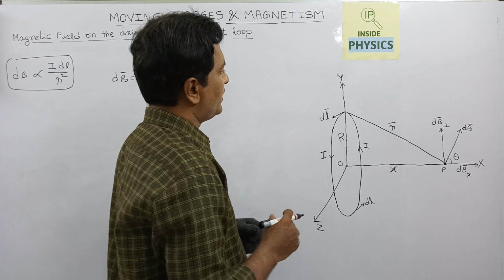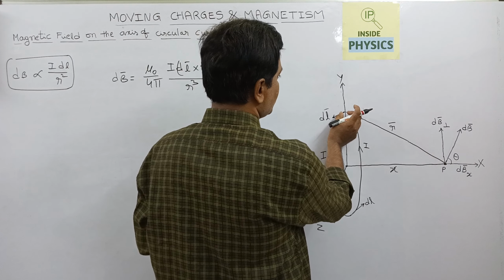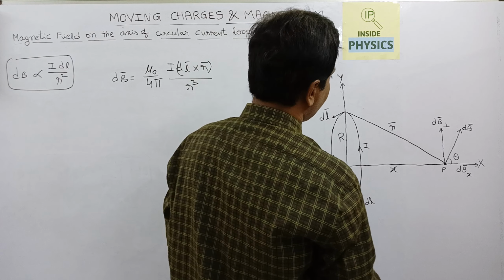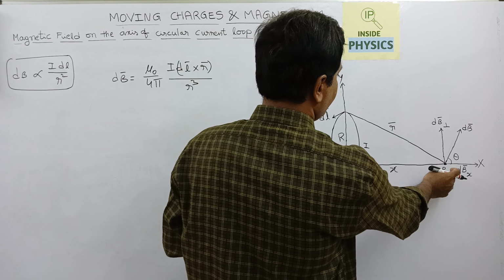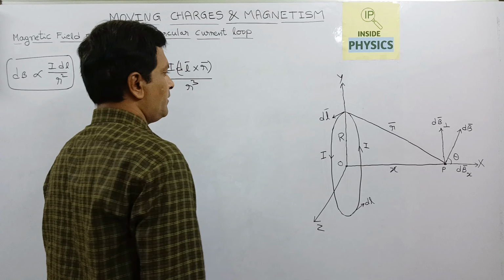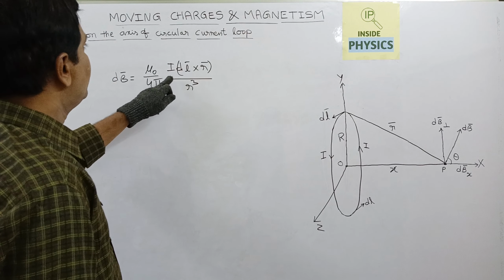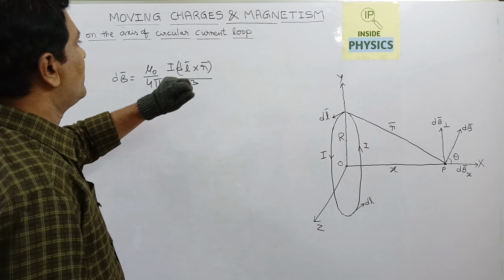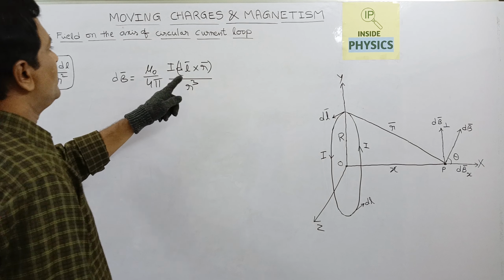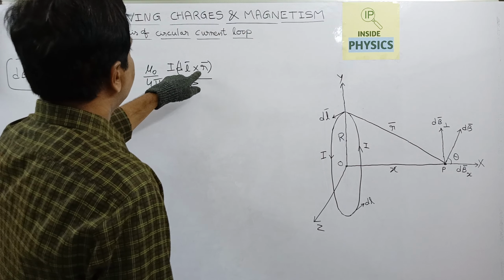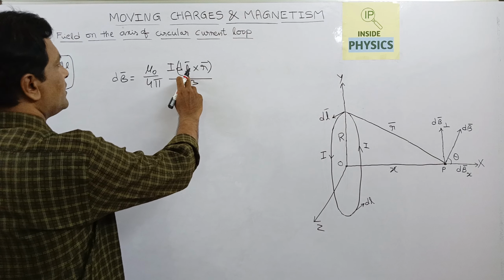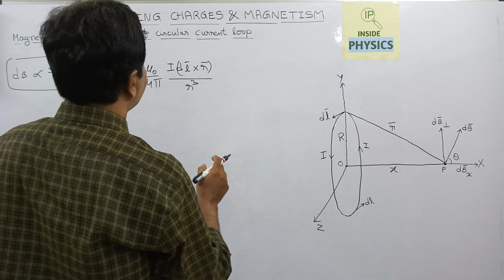So for now we are only concentrating on this small current element, and we will calculate the magnetic field at this point. Okay, if you observe this one, dl bar cross r bar, I have told you that this is the cross product of this length element and the radius vector.